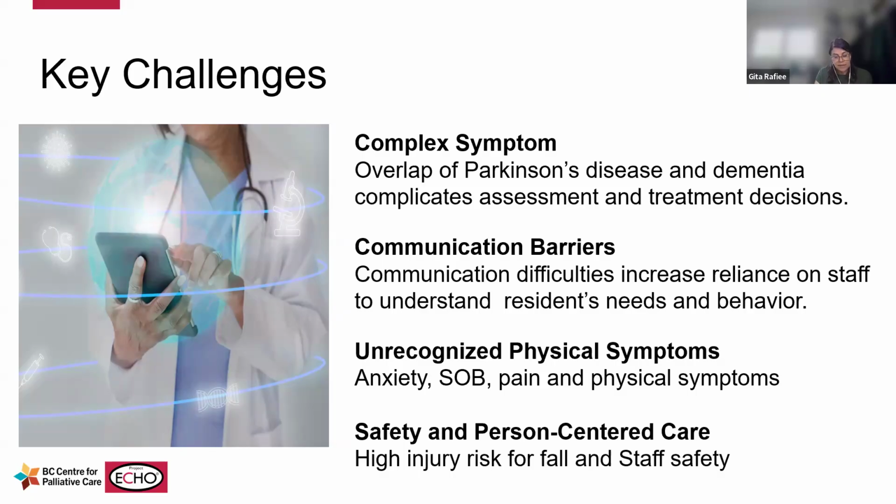Third, pain and other physical symptoms may not be recognized and may instead show up as behavior, such as agitation or aggression. Poor sleep is also a concern and can lead to increased daytime agitation, fatigue, and reduced ability to cope. There is a higher risk of injury to both resident and staff due to behavior and mobility issues. Can I go to the next slide?